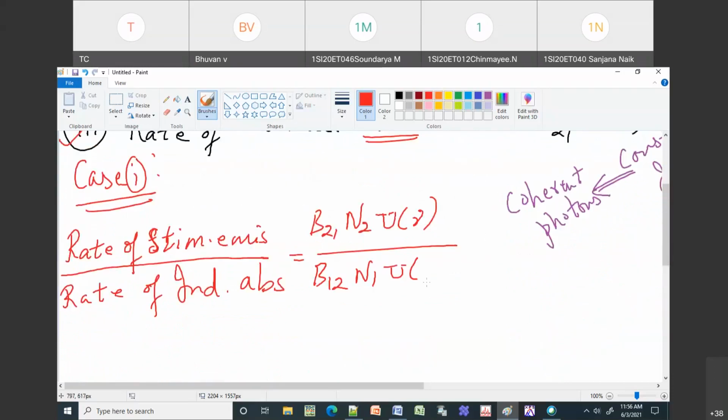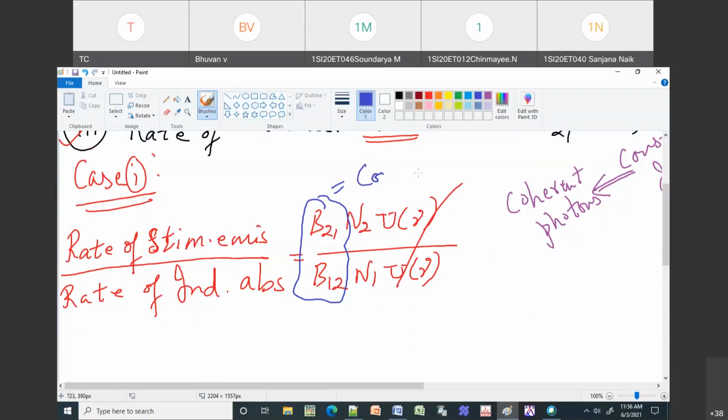Okay, so this would cancel out, and then what will happen to this value here is if I take this B21 by B12, these are nothing but constant by constant, like 2 by 3 or 3 by 2 or 4 by 5, everything is constant again. Okay, so this will be again a constant.